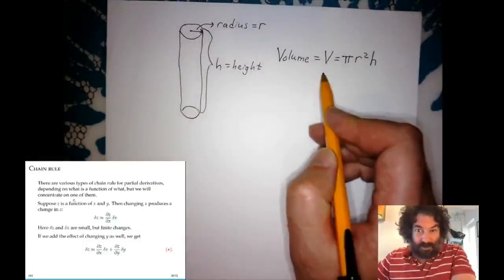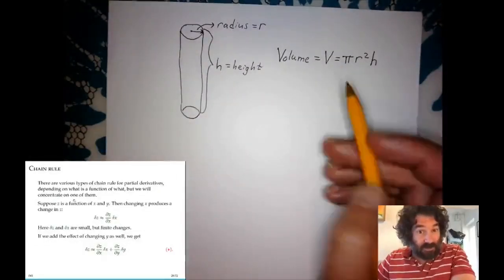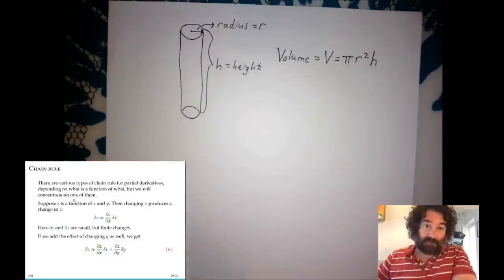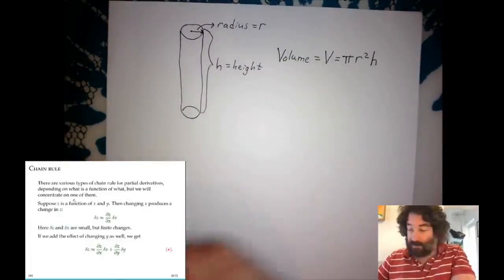So V will be z, and we want to know the change in V, and we'll use this formula marked as star on that slide.